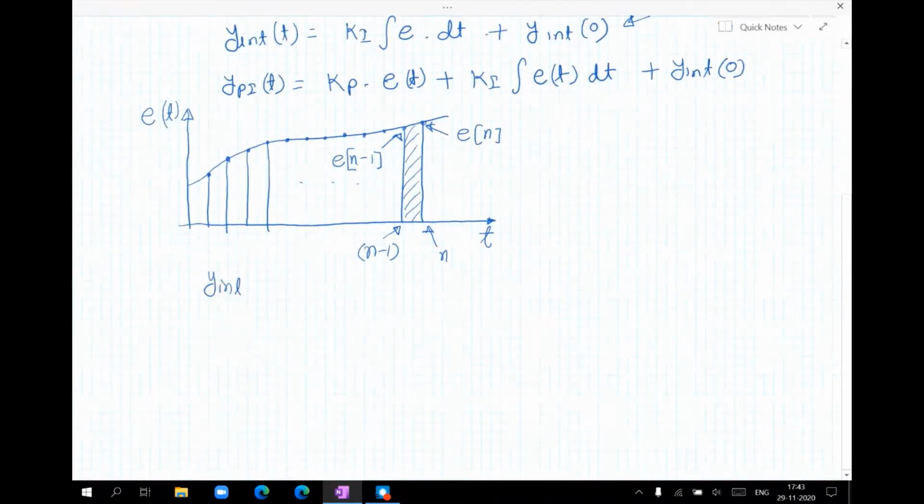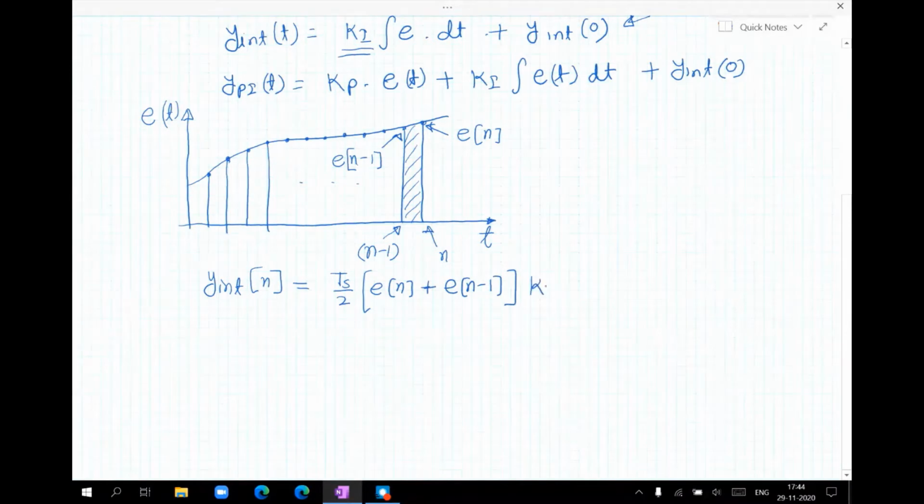y int at sample n is nothing but Ts by 2 times (e n plus e n minus 1), and we have to multiply this by the gain ki, which is the gain of the integral part of the controller, plus the value of the integrator output from the previous sample.